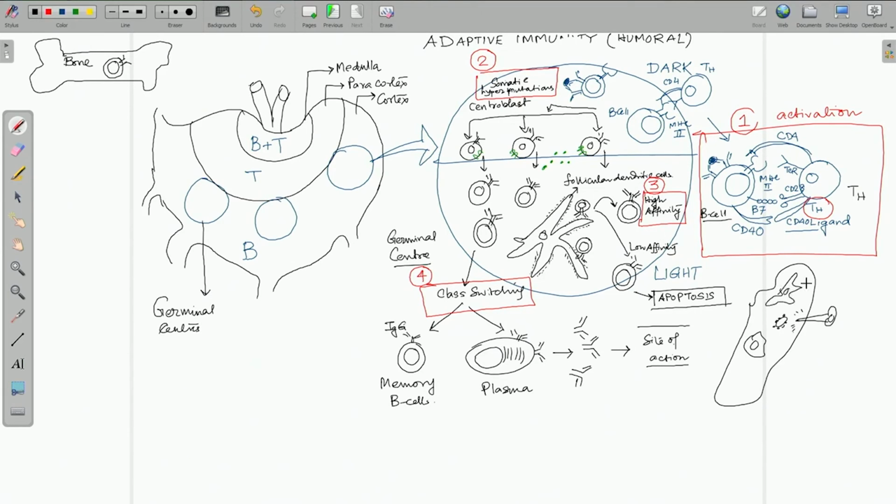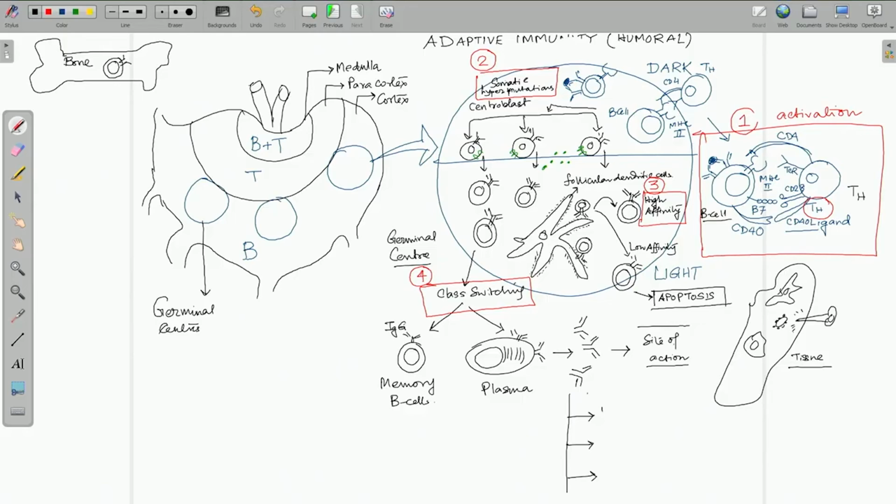So, now these antibodies being produced from the plasma cell will go to the site of action, or the site of inflammation, and they usually mediate 3 different functions. What functions do these antibodies do?